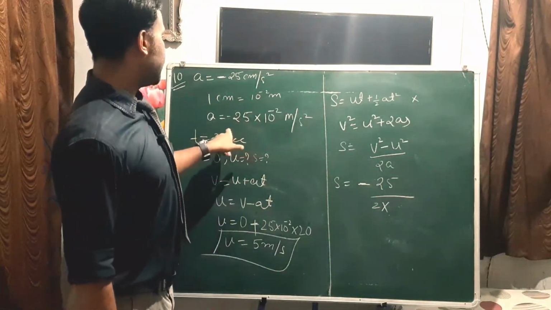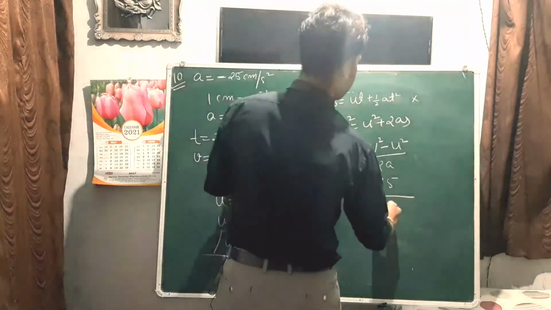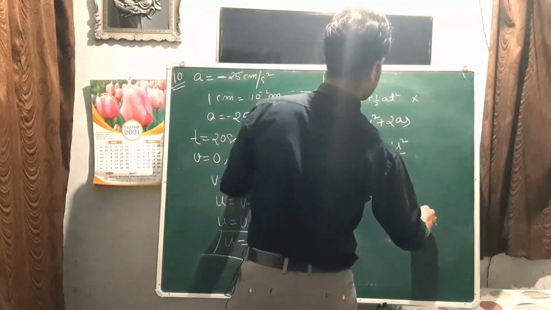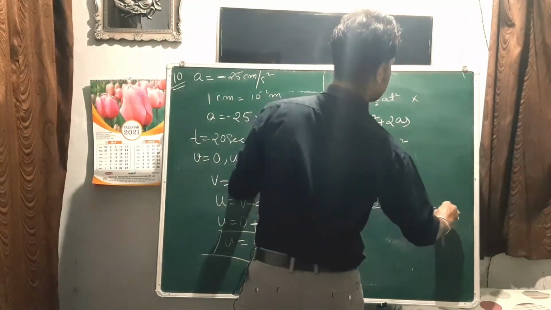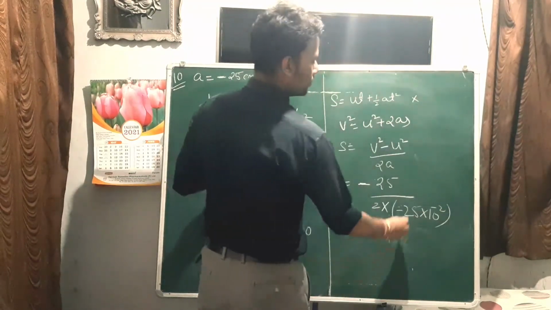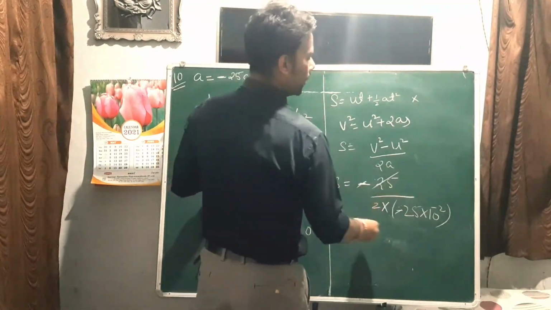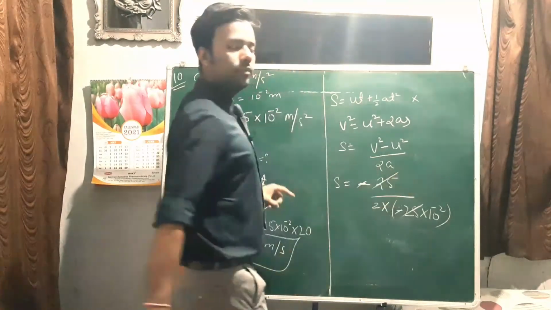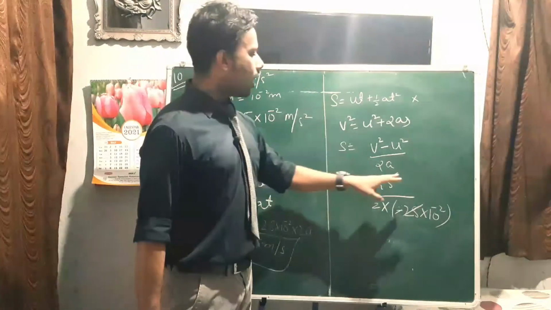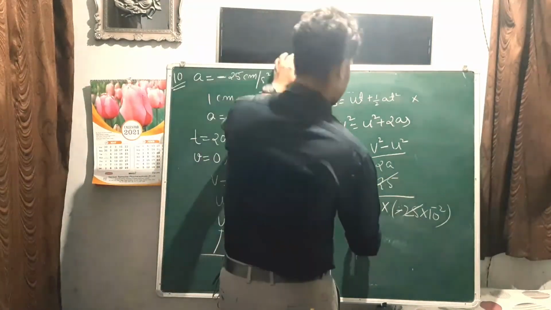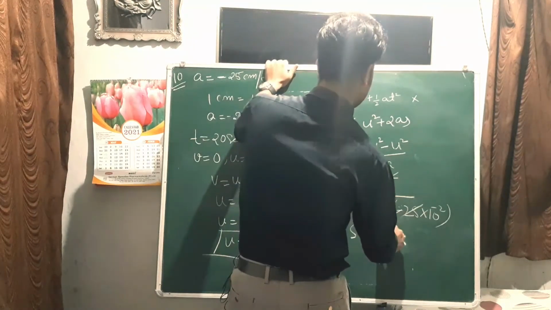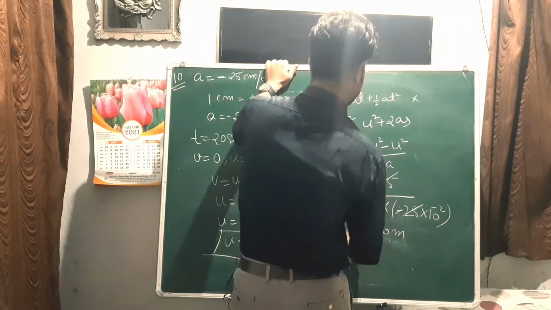It is minus 25 into 10 to the power minus 2, right? So the minus sign has been cancelled. 25 is cancelled. This will go up, become 100, and 100 by 2 will be 50. So S will be 50 meters.